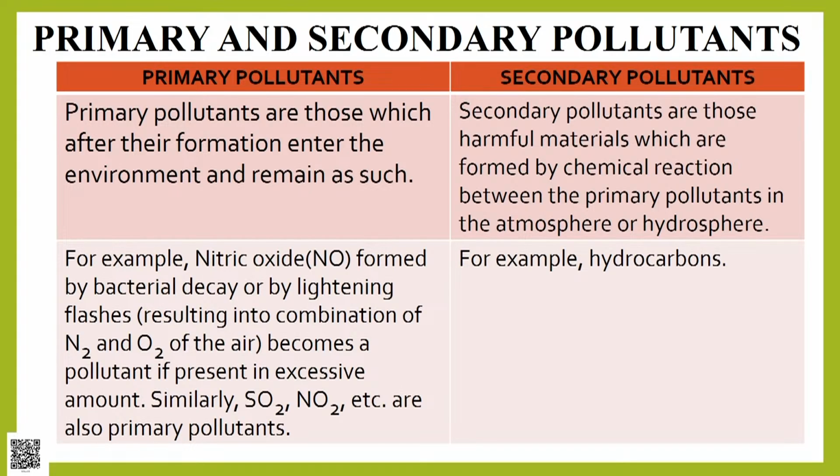Examples of primary pollutants are nitric oxide, formed by bacterial decay or by lightning flashes resulting in the combination of the nitrogen and oxygen of the air, which becomes a pollutant if present in excessive amounts. Similarly, sulfur dioxide and nitrogen dioxide are also known as primary pollutants.